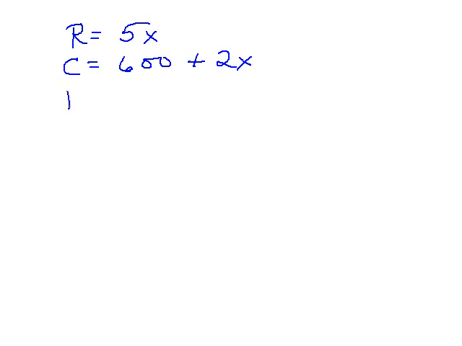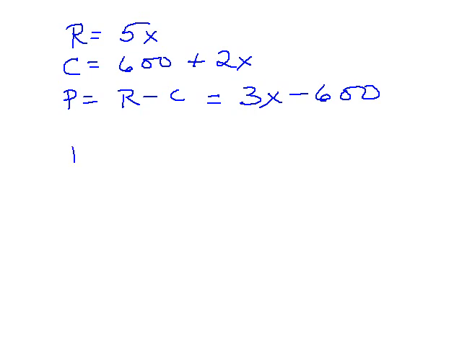The profit is revenue minus cost. When I work that out, I would have 5x minus 600 minus 2x, which gives me 3x minus 600. Right. Now I want to find the point where revenue equals cost. I'm looking for that break-even point.